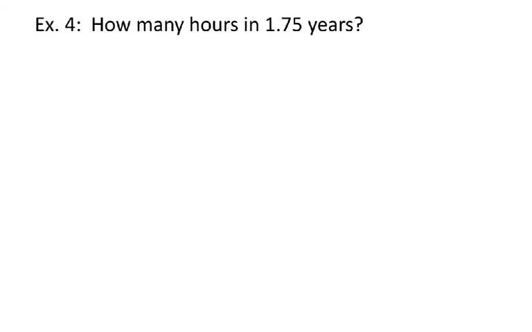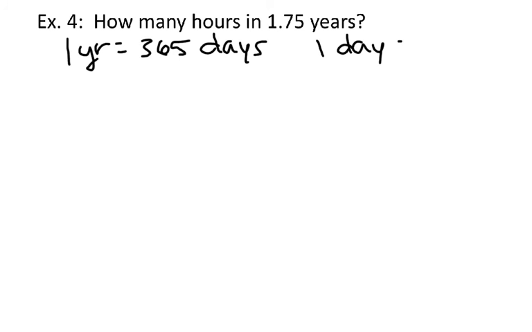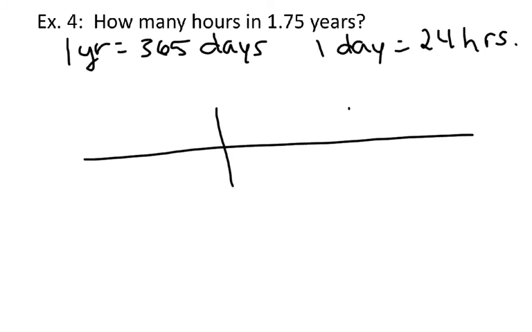Okay, this example is how many hours in 1.75 years. I am going to have to use 2 conversion factors on this one, and they're pretty simple. We have 1 year is 365 days, and of course 1 day is 24 hours. So we're going to set up our double picket fence, and we're going to start out with 1.75 years.